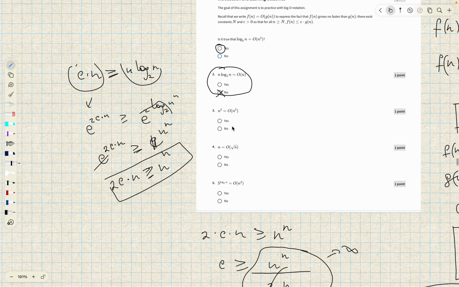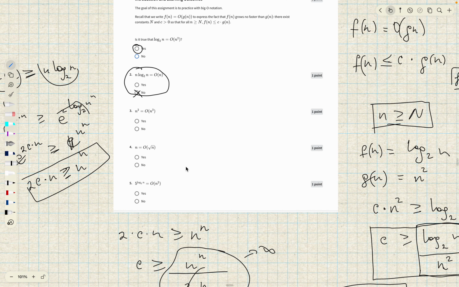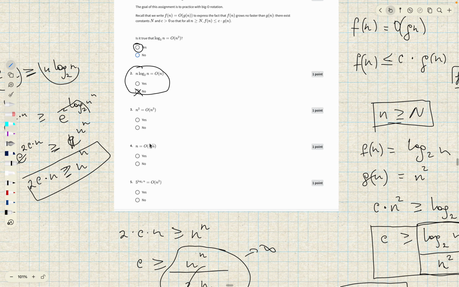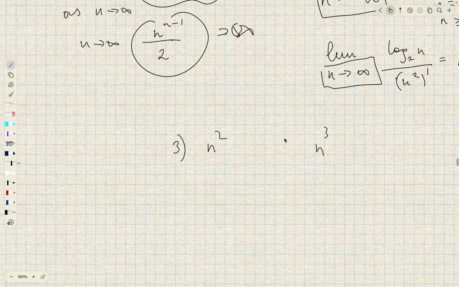And let's look at the third question. The third question is n squared and n cubed. Let's try to find this.